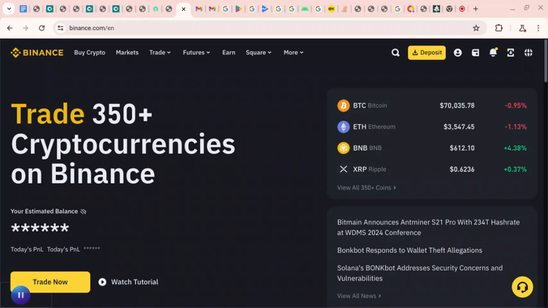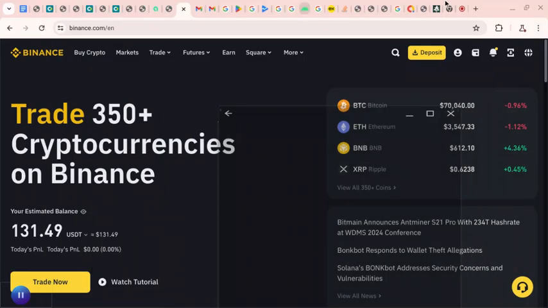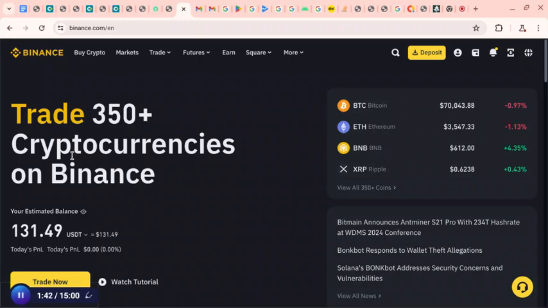Today, I've bought 131 USDT. And let me show you the reason why I bought it. Tomorrow, when the rate is cool, I'll buy another 100 USDT.